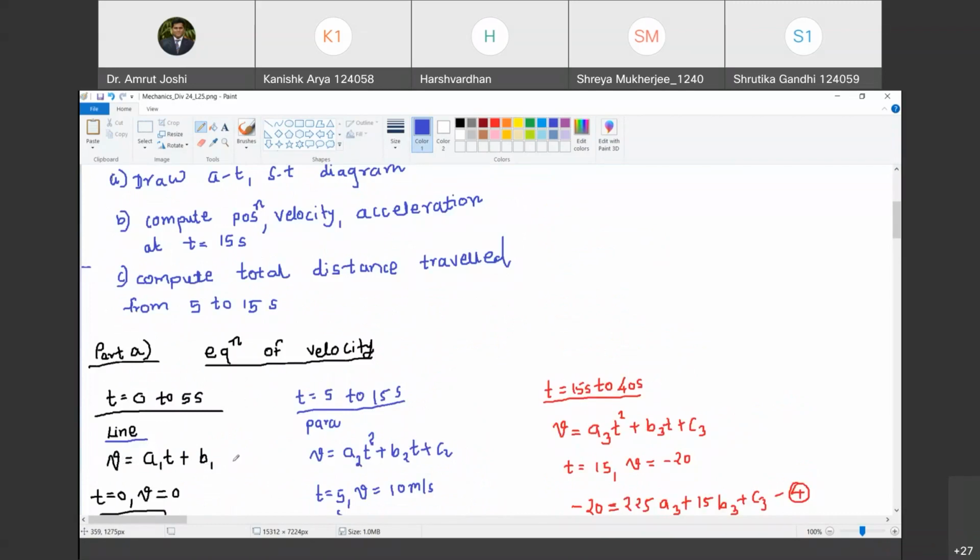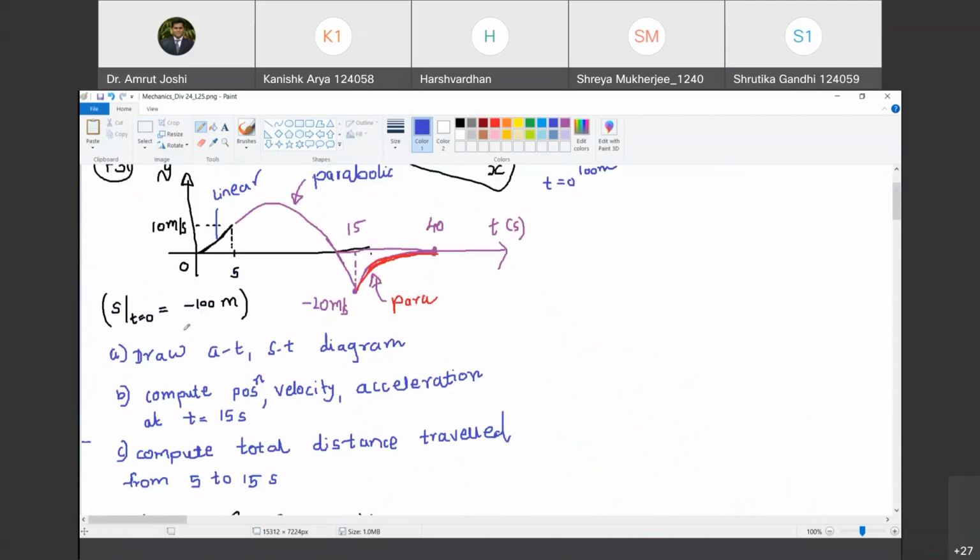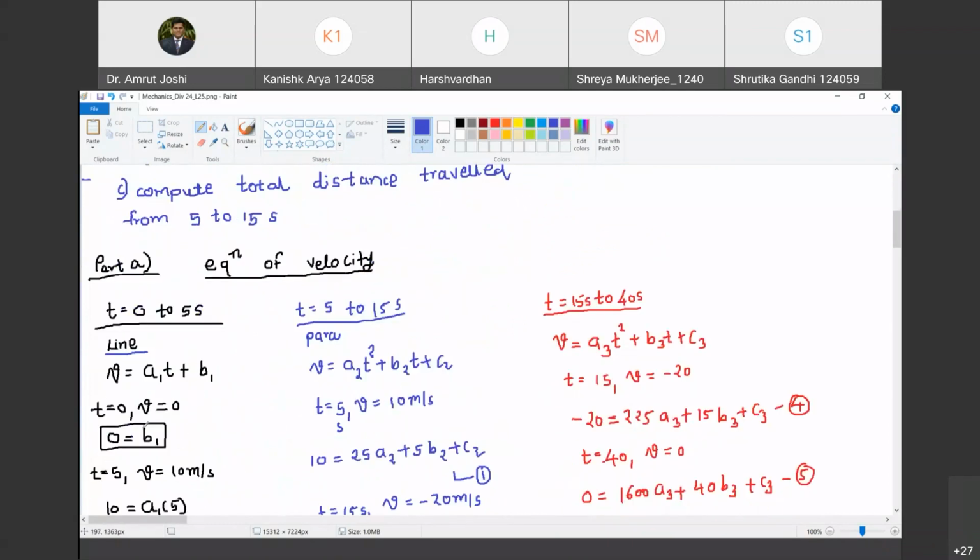Yes, sir. Okay. Now at t equal to 0, we have velocity equal to 0. So if I substitute this in the equation for v, I get 0 equal to a1 into 0 plus b1. So I get b1 equal to 0. Are you getting this? Yes, sir.